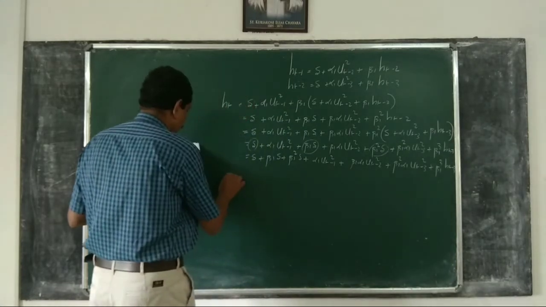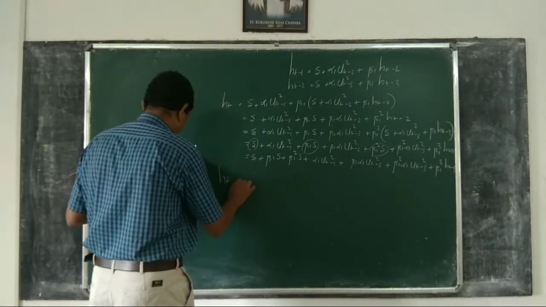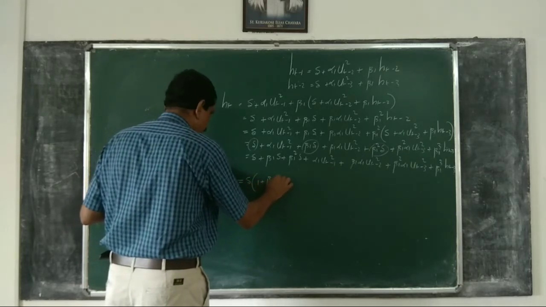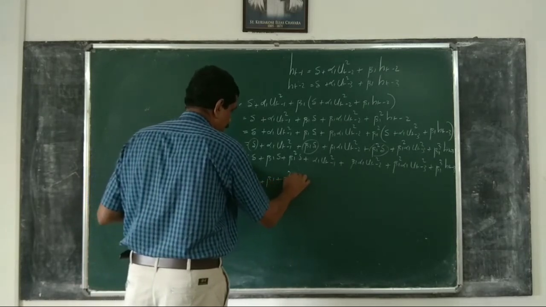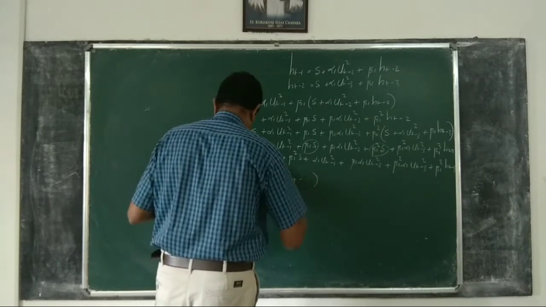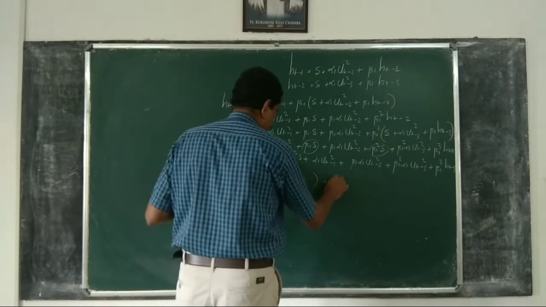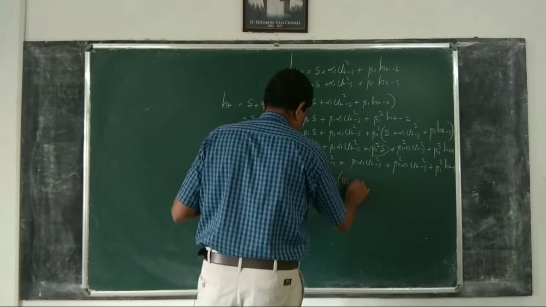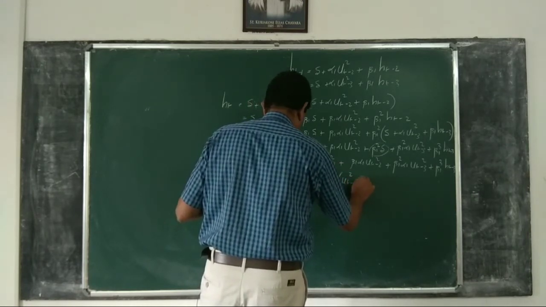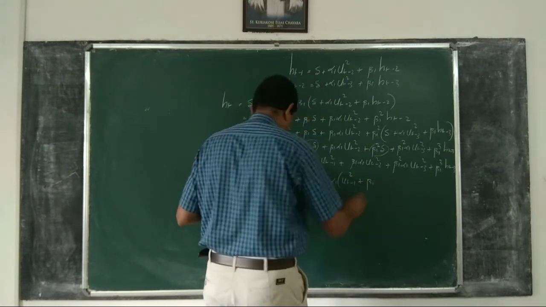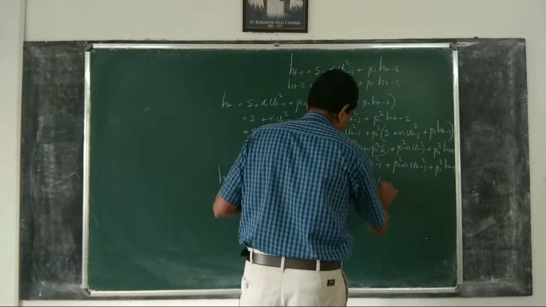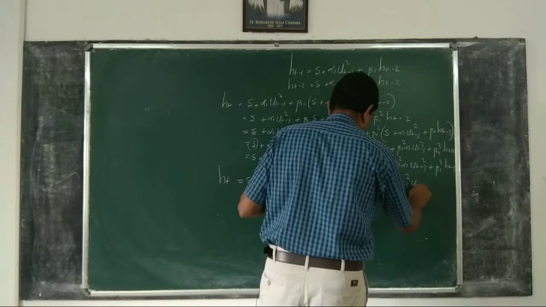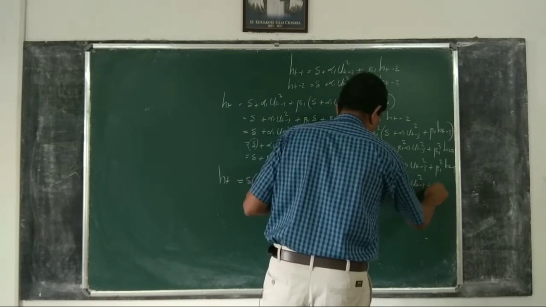It will give you h_t as equal to delta times (1 plus beta 1 plus beta 1 squared plus etc.) plus alpha 1 times (u_{t-1} squared plus beta 1 u_{t-2} squared plus beta 1 squared u_{t-3} squared plus etc.).